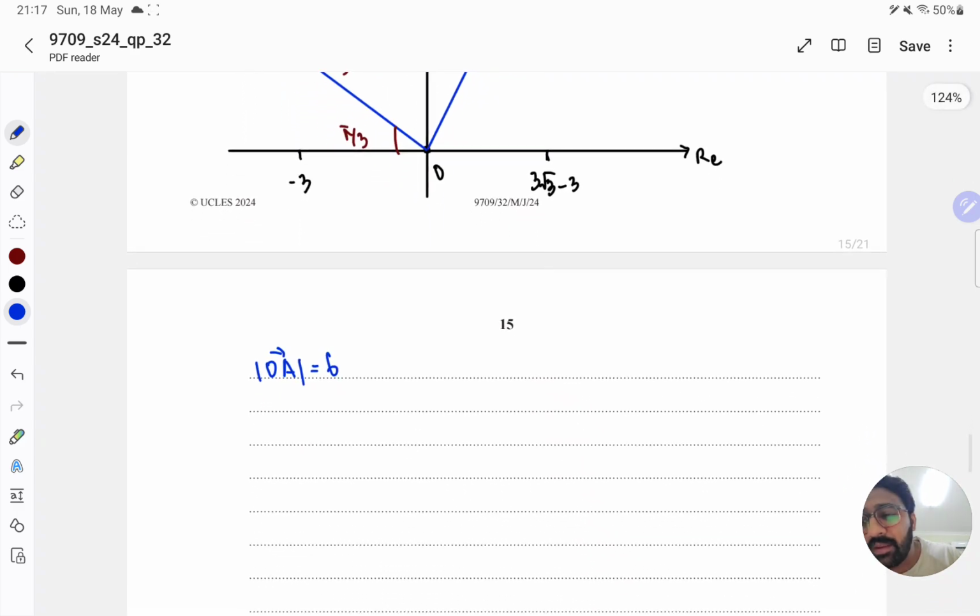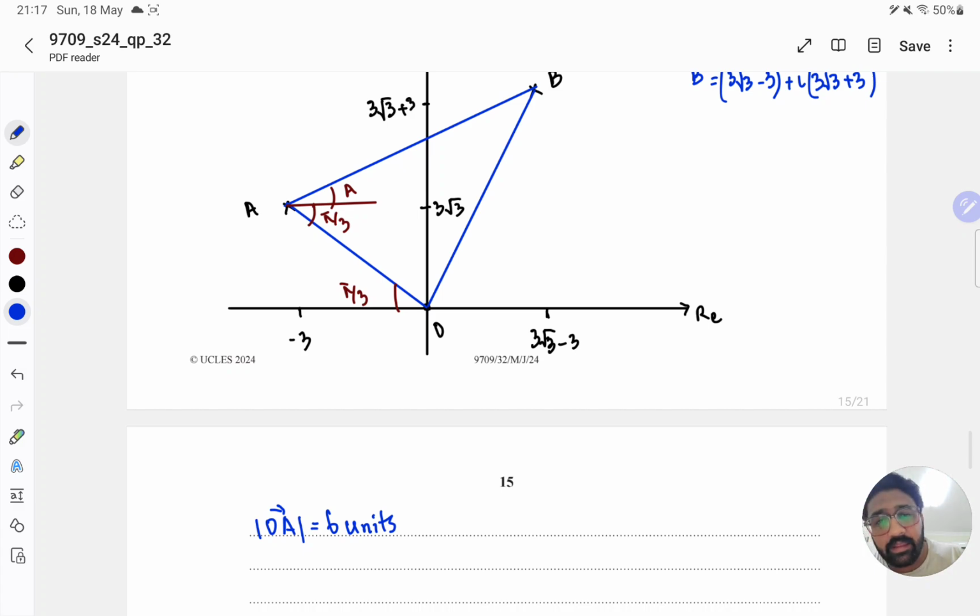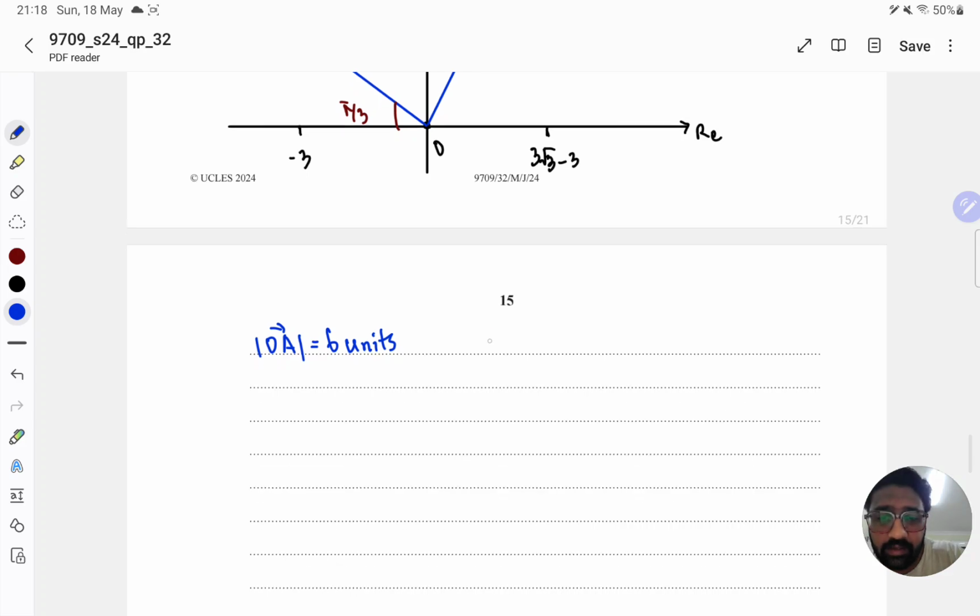We know that from the previous part. It seems that AB and OA have the same magnitude. So AB and OA are the same.